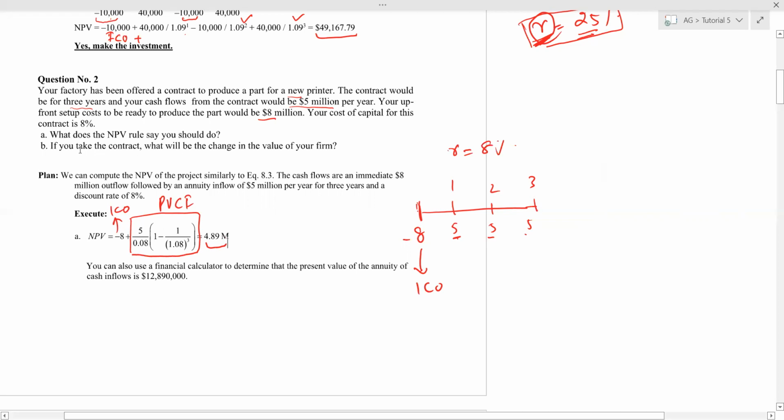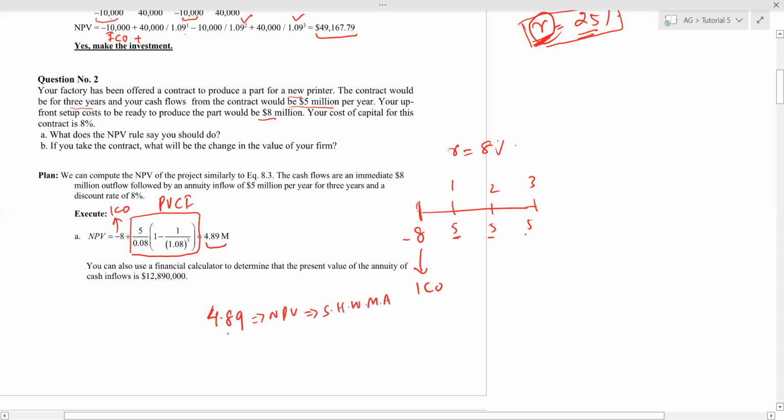Next is, if you take the contract, what will be the change in the value of your firm? Of course, the company's value will increase by 4.89. Why? Because we know that NPV is also called the shareholder wealth maximization approach.